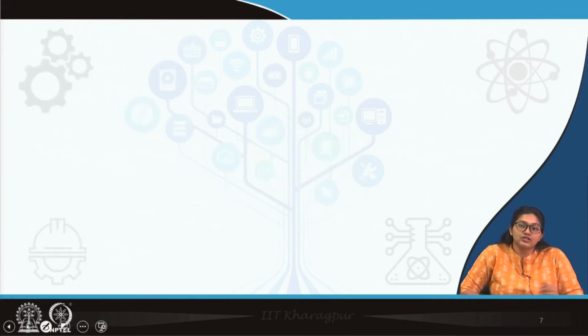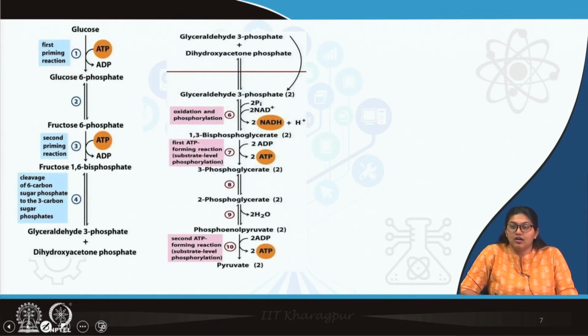Now, neoglucogenesis sometimes is called just the reversal of glycolysis, where glucose is utilized to form pyruvate, whereas in neoglucogenesis, pyruvate is converted to glucose.